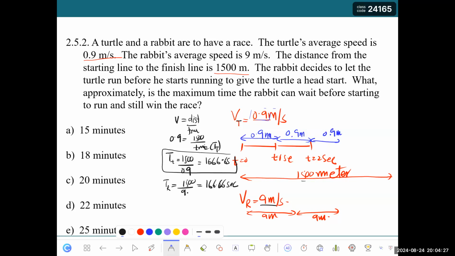Now what you have to do is take the delta between the two, the delta t, which is the rabbit's wait.